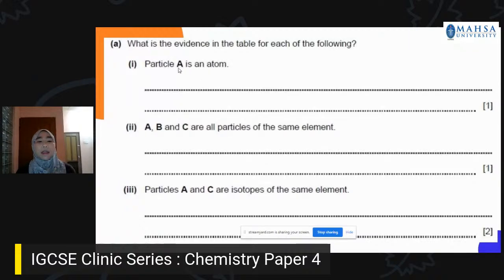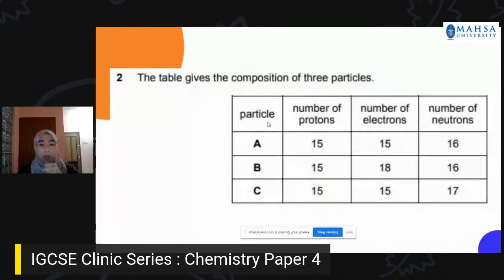Particle A is an atom. So what is the meaning of atom? Atom means neutral, no charge, unless they say that it is an ion. How can you know that there is no charge? When the number of proton is equal to the number of electron. So if the proton is the same as the number of electron, then it will be considered an atom.